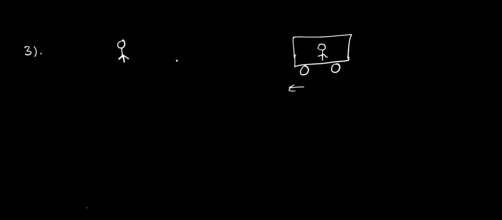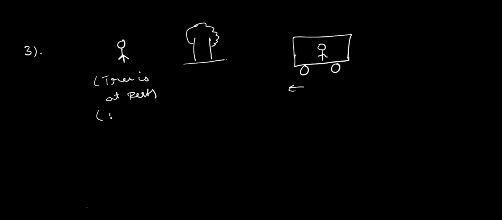We will consider a tree also. For this person, the tree appears to be at rest, and the truck will be in motion. So for this person, the tree will be at rest and the truck will be in motion.